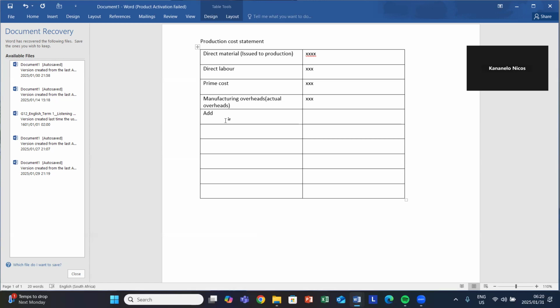If you have an over recovery, it simply means that the overheads that we recovered were high. So you'll add your over recovery of overheads. And if you had an under recovery, you will less it: less under recovery, in brackets.